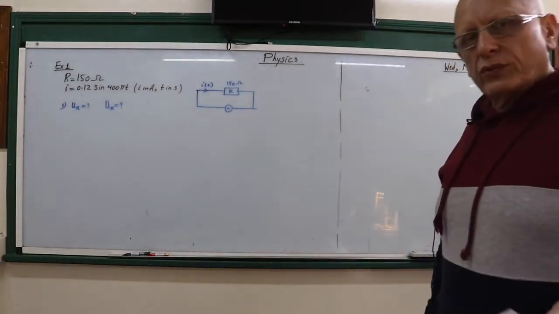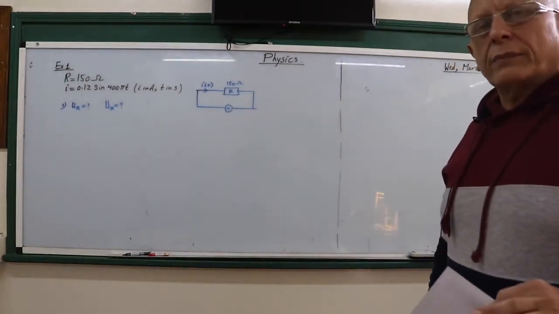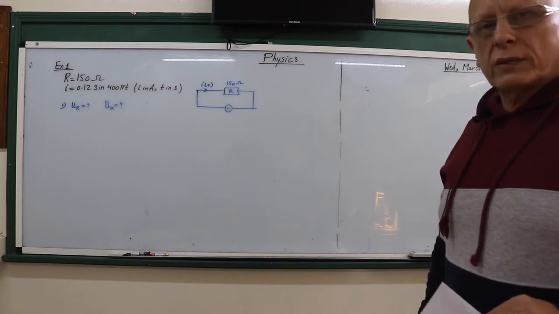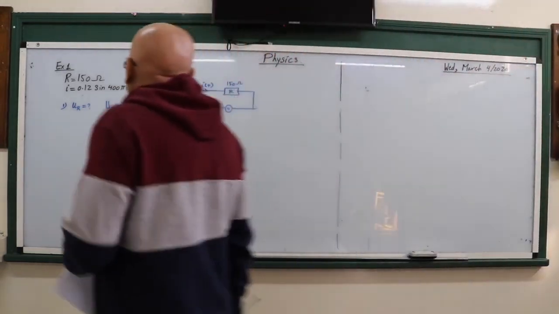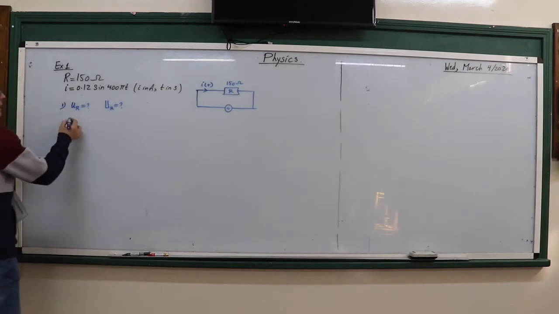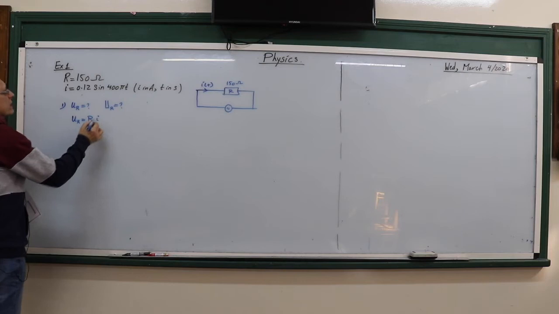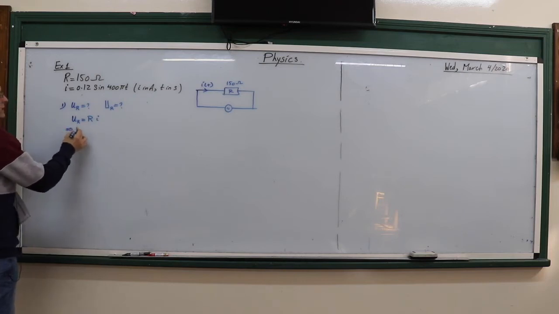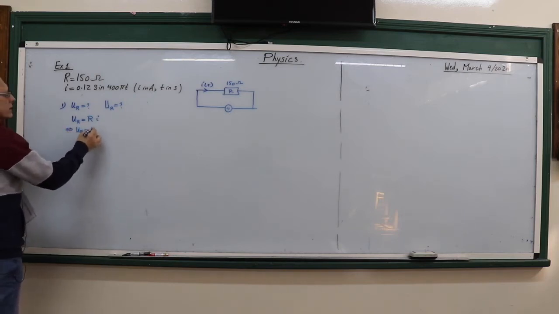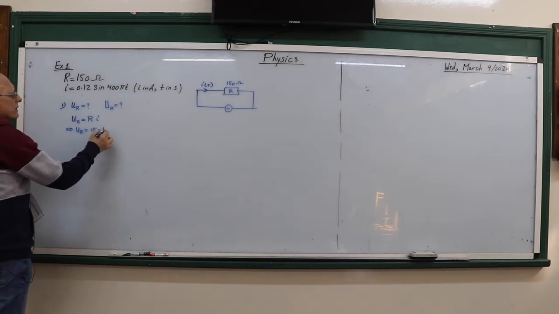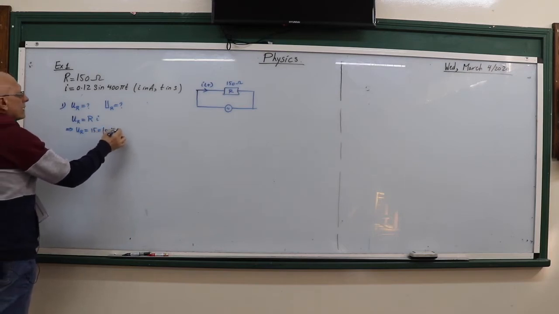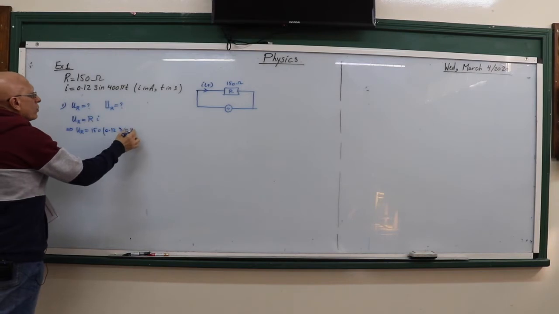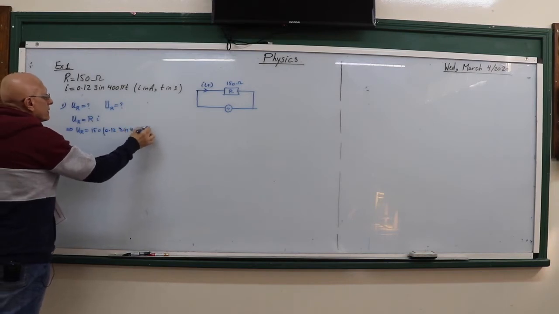The one who knows will tell me to use Ohm's law directly, which is very simple. Ohm's law: U equals R times I. So this implies UR is equal 150 times 0.12 sine 400 pi t.